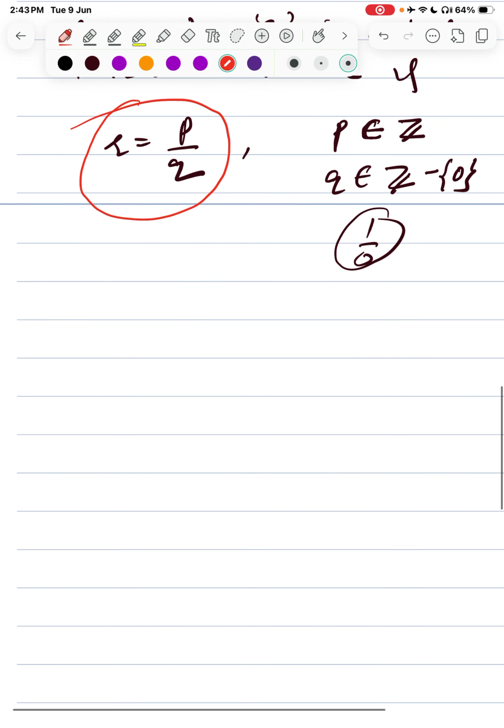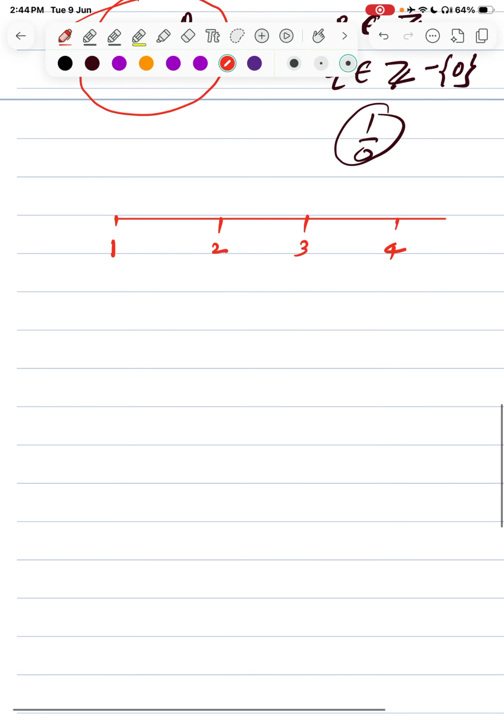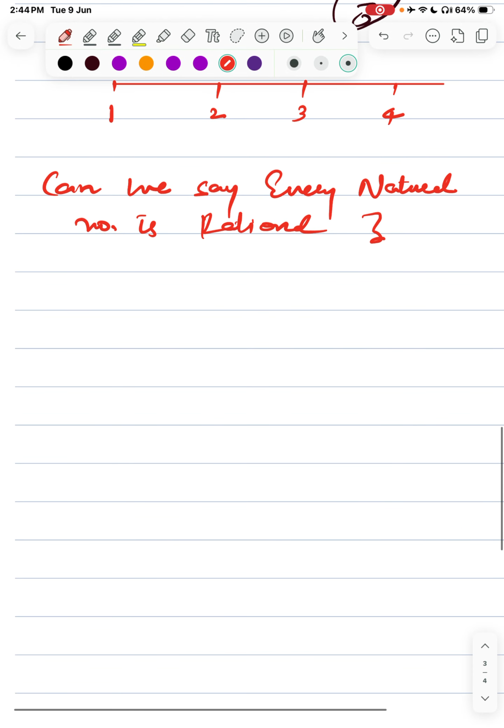Now let us first analyze our natural number system. It started from 1, 2, 3, 4. My question is, can we say every natural number is rational? Let us see.